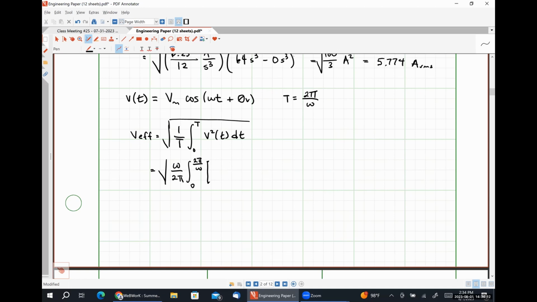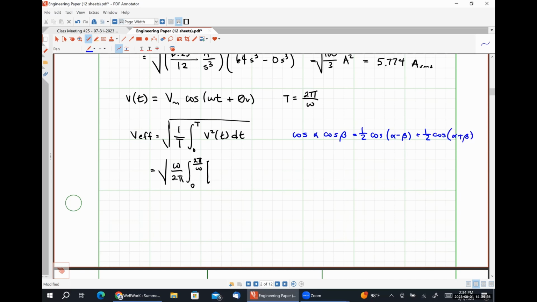So I'm going to use the trig identity. Cosine alpha times cosine beta is equal to 1/2 cosine alpha minus beta plus 1/2 cosine alpha plus beta.